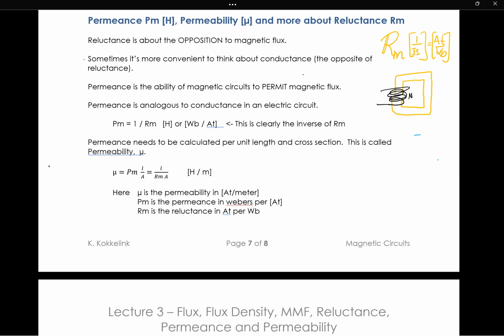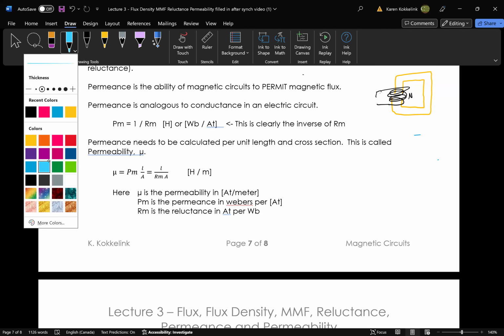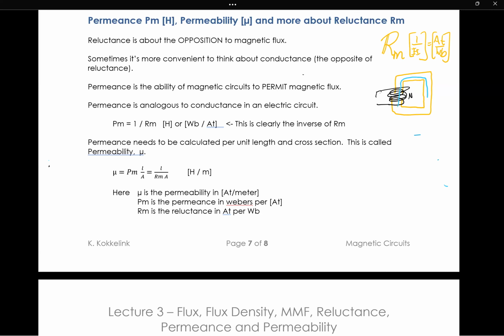There are n number of coils that are causing a flux to be established, and we know our properties of magnetism are going to have the flux sit comfortably inside here, because it's a ferromagnetic material, when Fm is induced. So now that reluctance was about opposition. It's opposing these flux lines to be developed.